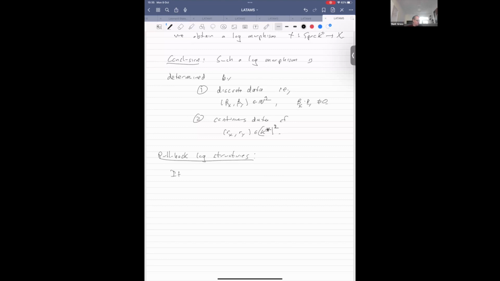So if X, MX pre, with structure map alpha x, is a pre-log scheme, in other words, alpha x need not induce an isomorphism between the inverse image of OX star and OX star, we have an associated log scheme.